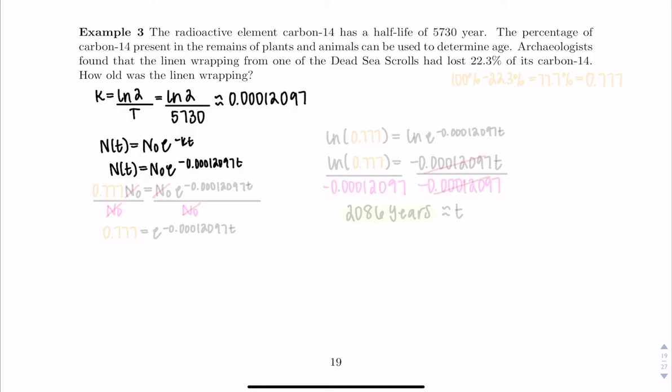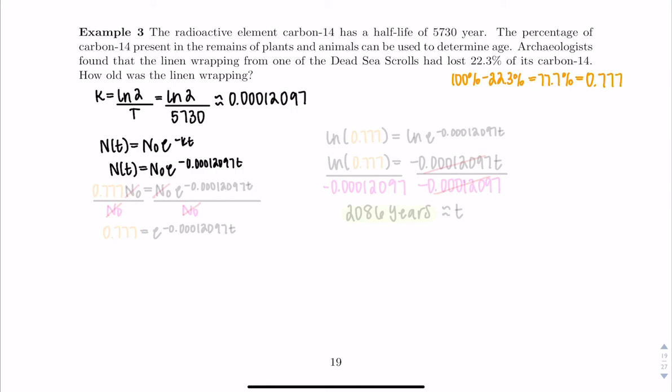So from 100%, if we lost 22.3, that will leave us with 77.7% remaining, or 0.777.